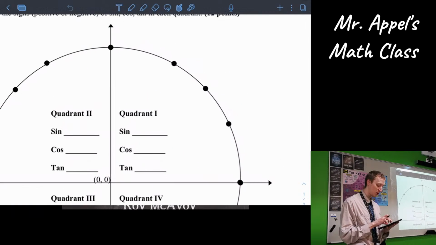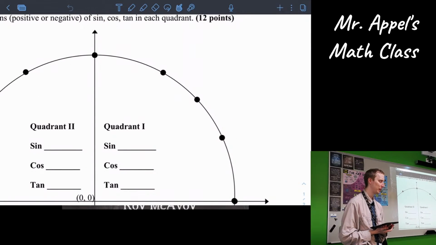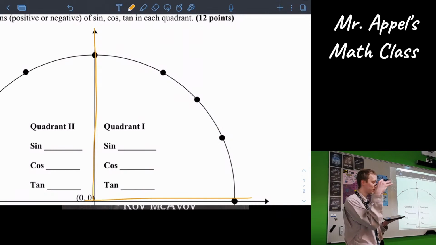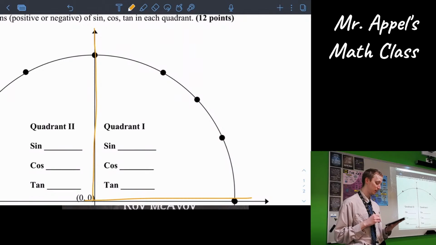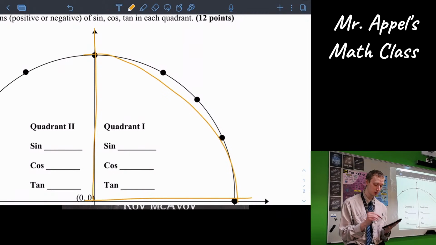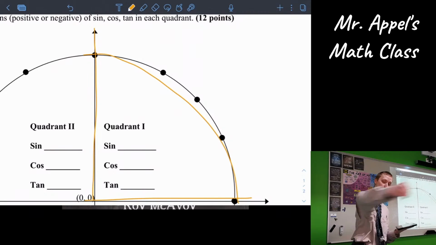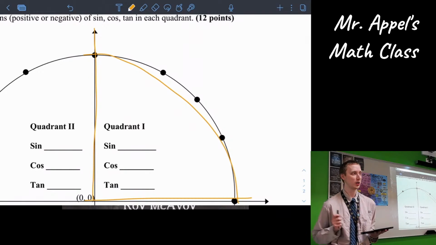We're going to start with quadrant 1. Just whip up a quick, nice big set of axes. Take up a quarter of the page. Give yourself lots of room. We're going to shove a bunch of numbers into this thing. And a little arc, like that, so it looks kind of like a quarter of a circle. It doesn't have to be super artistic. If you want to draw a nice, great big circle, take up a whole page, go for it.